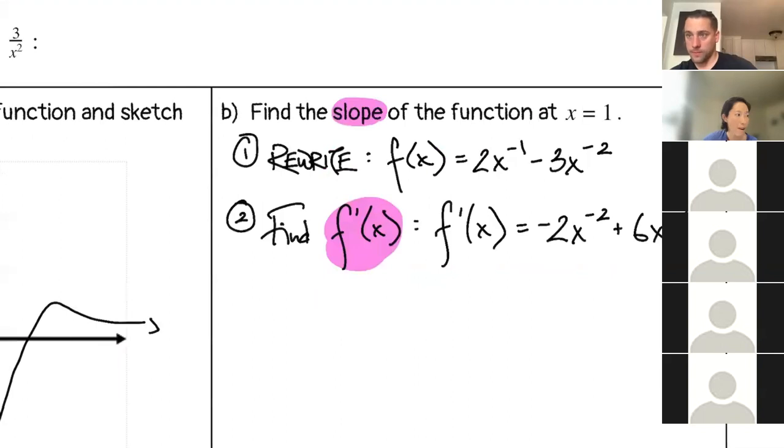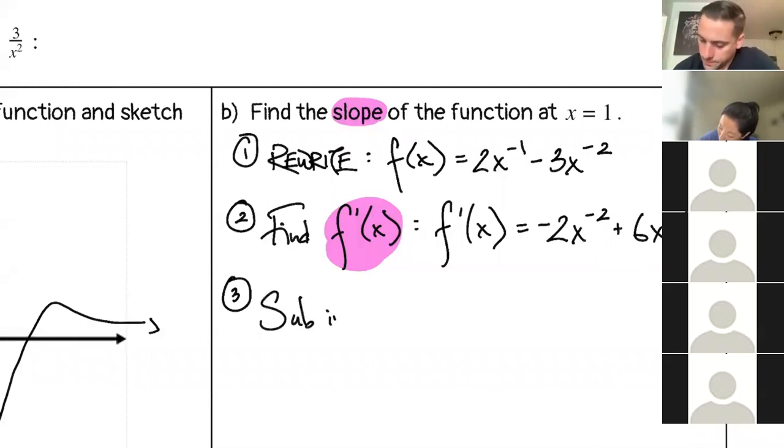So we found our f prime, and then what are we going to do? Sub in x equals 1. Now, we've done 2 problems where it says plug in 1. But we're only plugging in 1 because the problem says plug in 1, right?